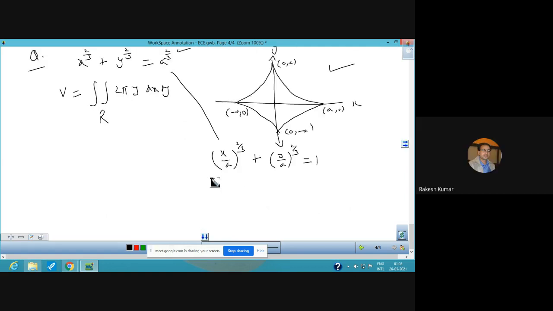So let us simplify this curve and put this value: let x over a raised to power 1 by 3 be capital X, y upon a raised to power 1 by 3 be equal to capital Y. So it becomes a circle in capital X, capital Y.